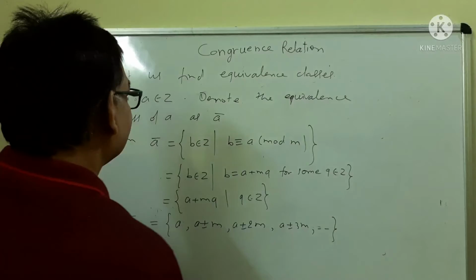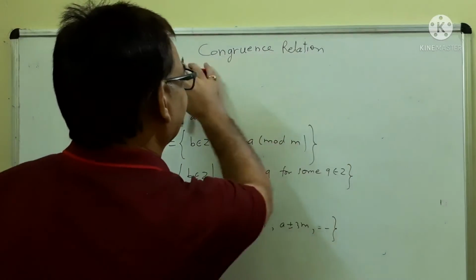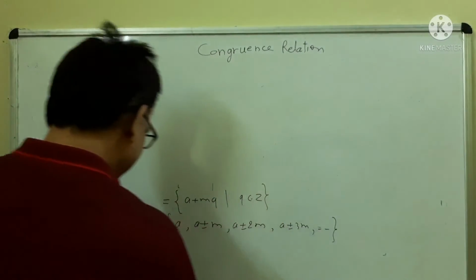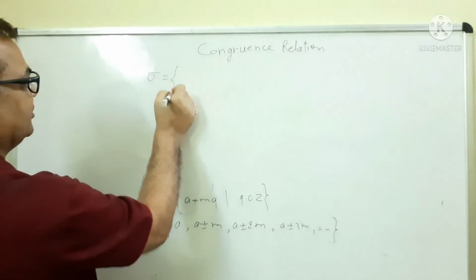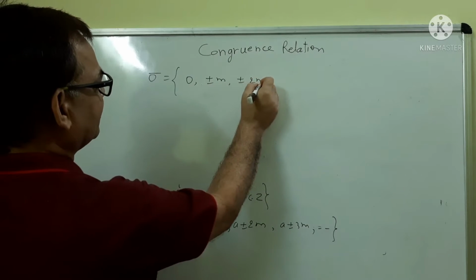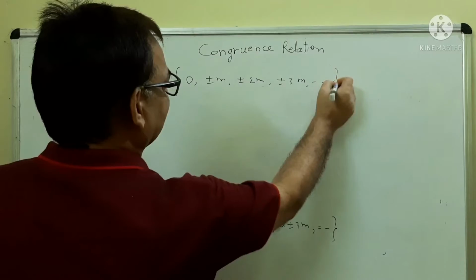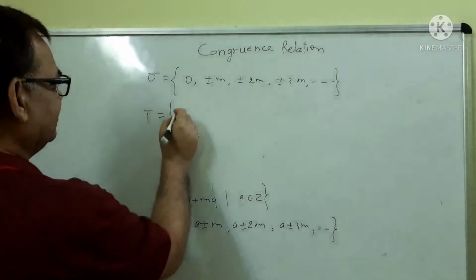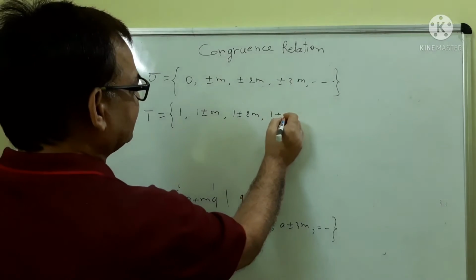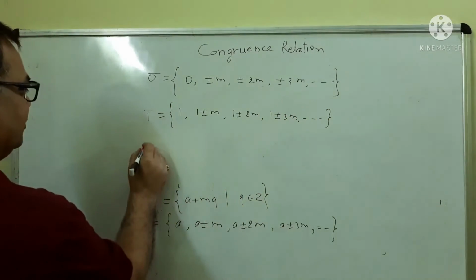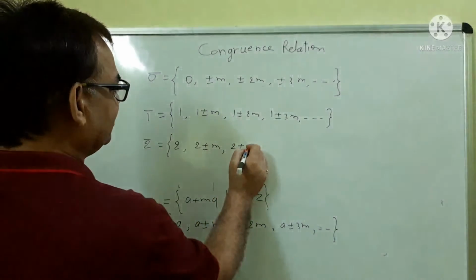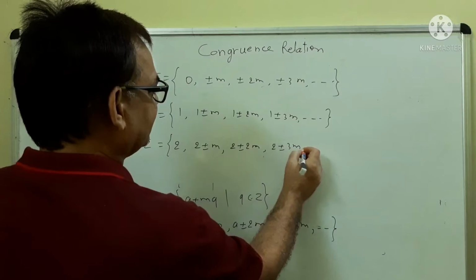This is a bar for a belonging to Z. Then 0 bar: take a equal to 0, this will become 0, plus minus m, plus minus 2m, plus minus 3m and so on. 1 bar will become 1 plus minus m, 1 plus minus 2m, 1 plus minus 3m and so on. 2 bar will be equal to 2 plus minus m, 2 plus minus 2m, 2 plus minus 3m and so on.